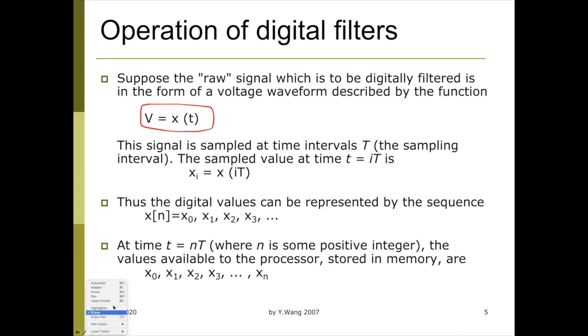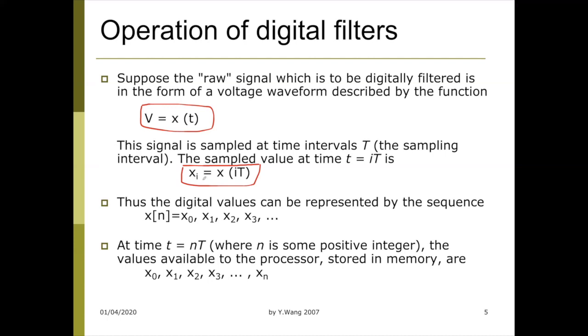All right. Then the second equation demonstrates a sampling process. This equation says x_i, with index i, means x1, x2, x3, a discrete series of values.